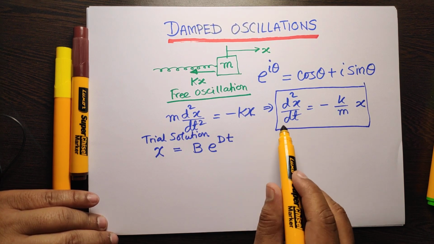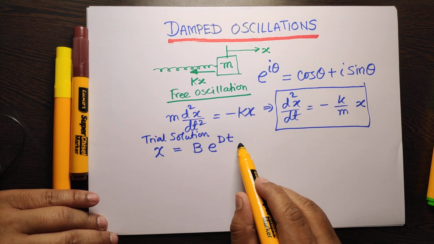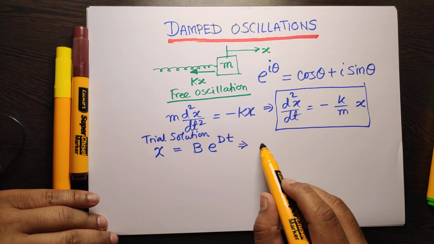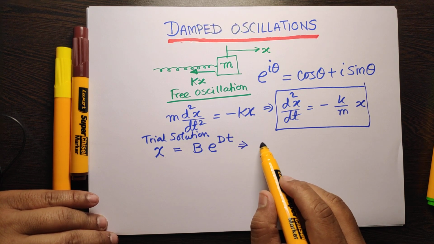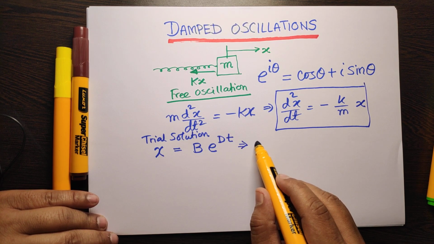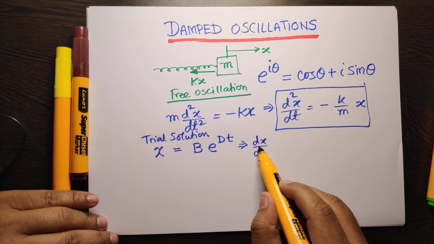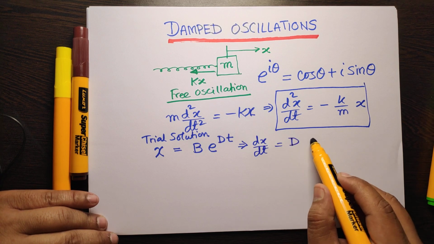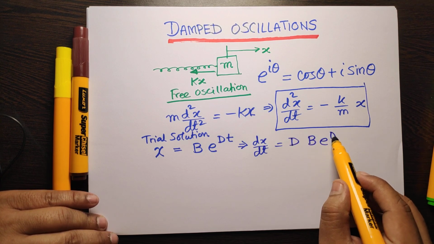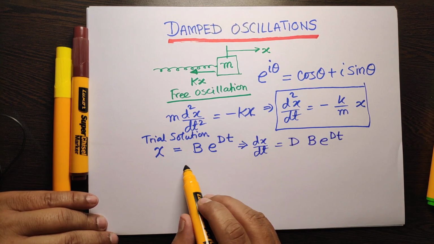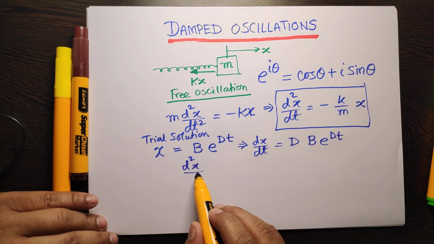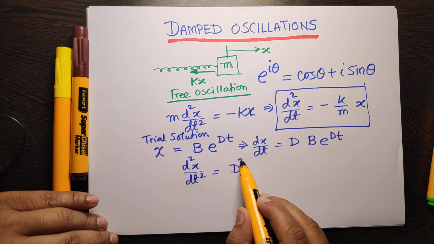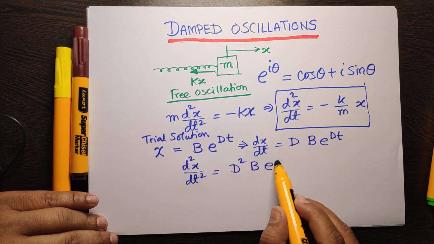However, if you put the trial solution in this equation and differentiate x once, what do you get? dx/dt equal to d b e to the power dt, and differentiate it again, you get d square b e to the power dt.